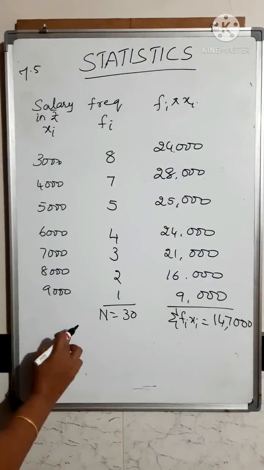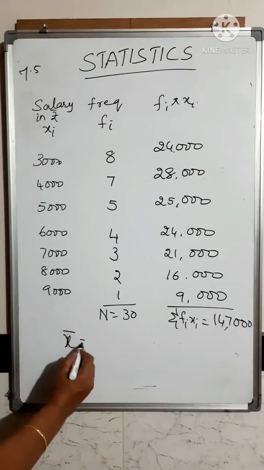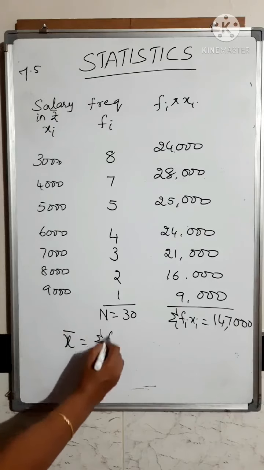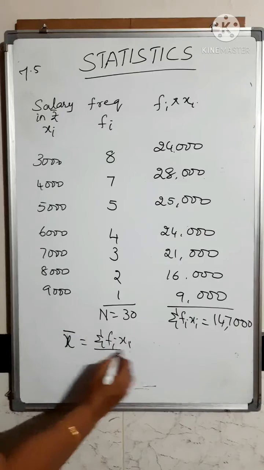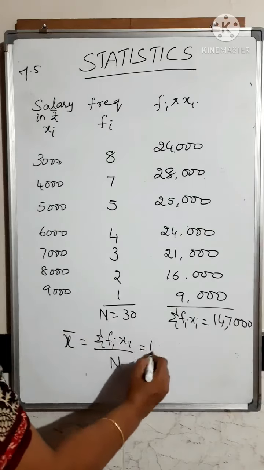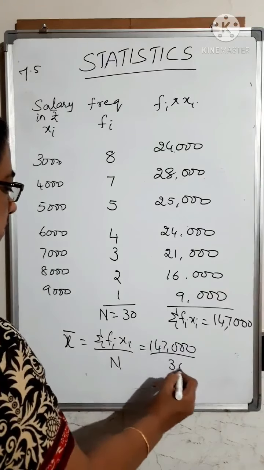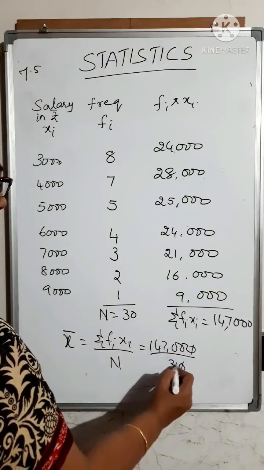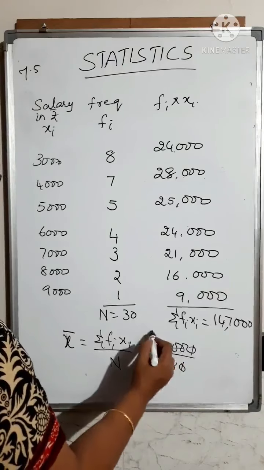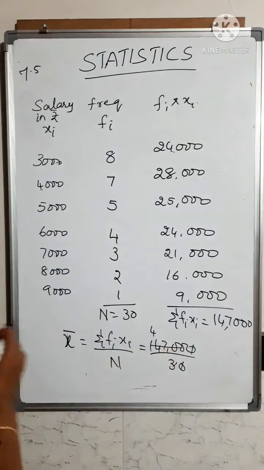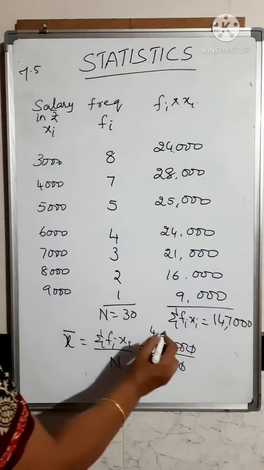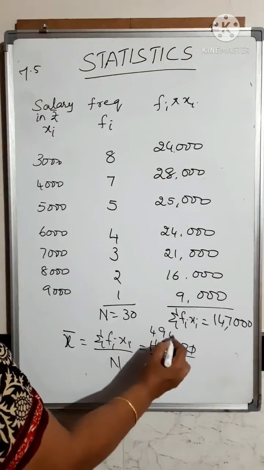Mean is represented by x bar, which is equal to sigma Fi Xi upon n, which is equal to upon 30. 3 4s are 12, 27, 3 9s are 27, followed by 2 zeros.